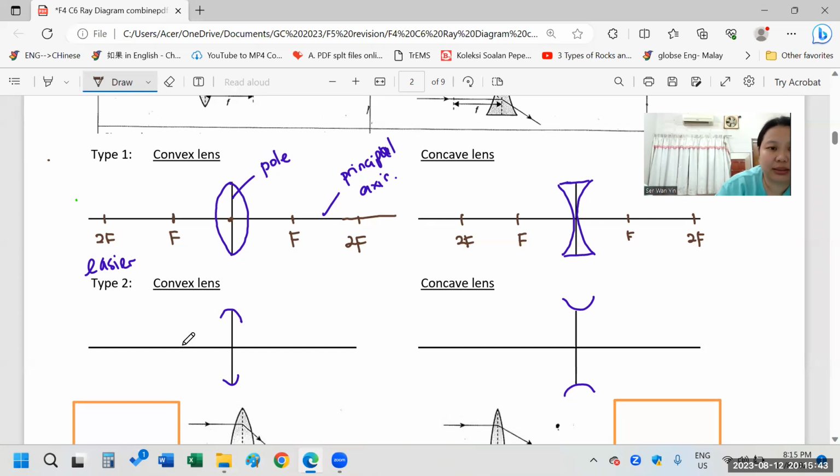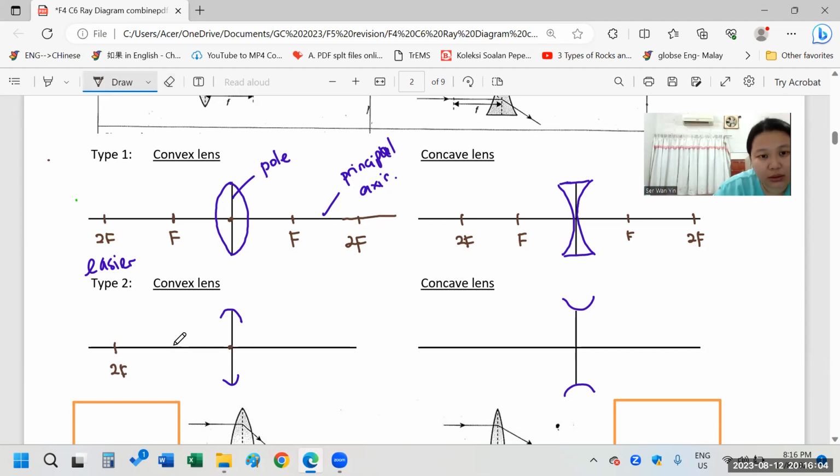Okay, so same thing as here. This is F, equal distance, yeah. Use ruler, measure equal distance, yeah. This is 2F. So okay, see, I never use ruler, so it's like not equal distance.